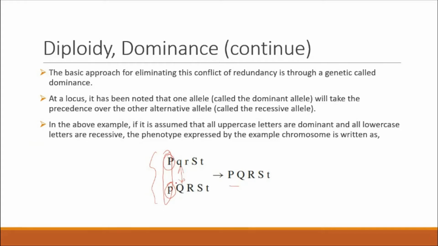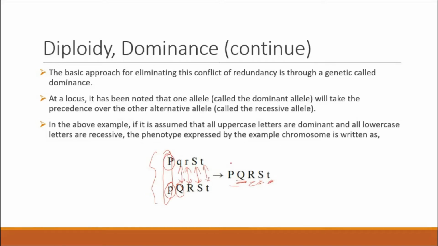So this capital Q comes in the second place. Then out of these two, there is small r as well as capital R, so capital R comes. Here both are capital S, so this also should be capital S, and here both are small t, so the small t has to come up here.